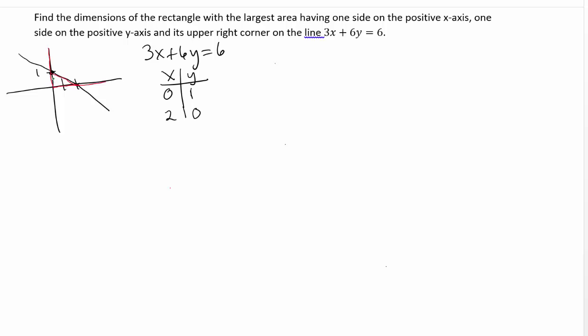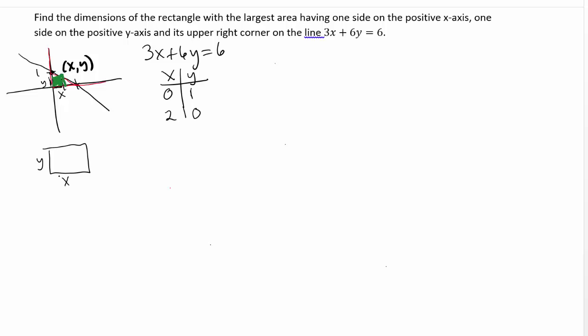And if we visualize, there's a little rectangle inside of here. And that rectangle is going to hit right at some point x, y. Now I may not know yet what that x and that y is, but I know that this dimension is the x and this dimension is the y. So you have this little rectangle where here's x and here's y.